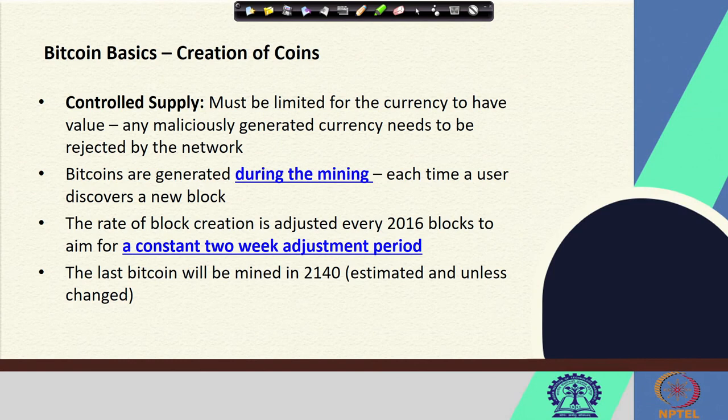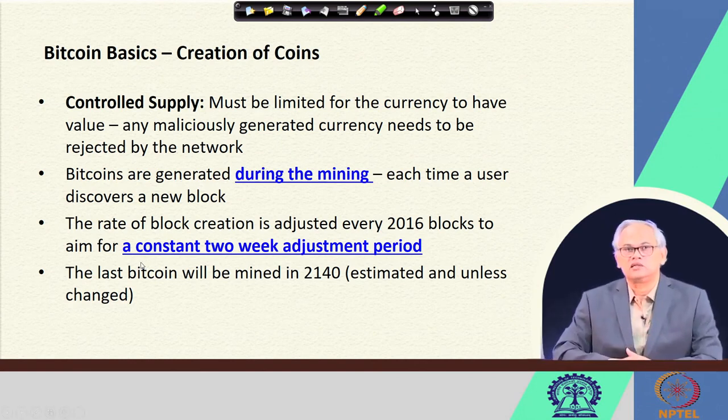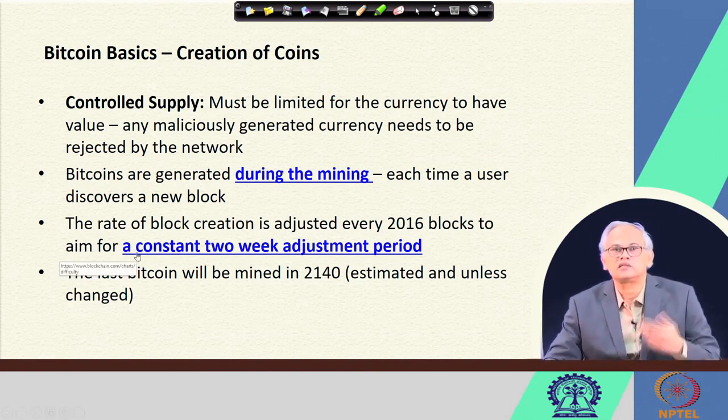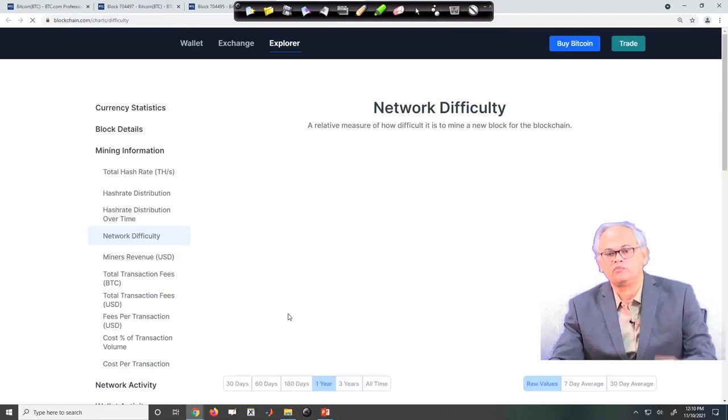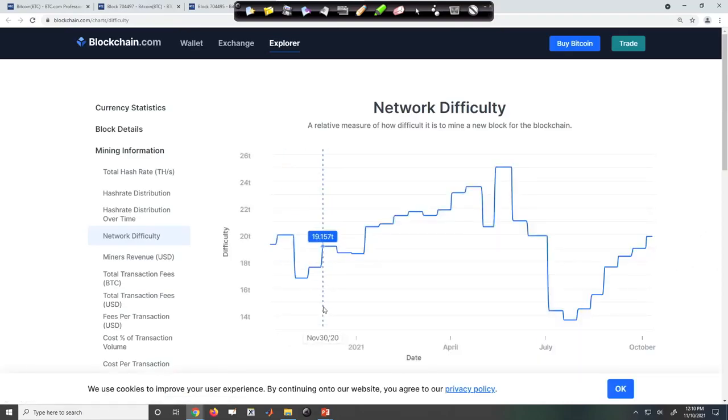So, that means that there should be some way that this is adjusted, and there is this adjustment for every 2016 blocks, which takes about 2 weeks to mine; you can calculate it simply from 10 minutes and so on. And then this network difficulty level, which is in terms of the number of leading zeros, has changed over the years and months, and usually it has been increasing.